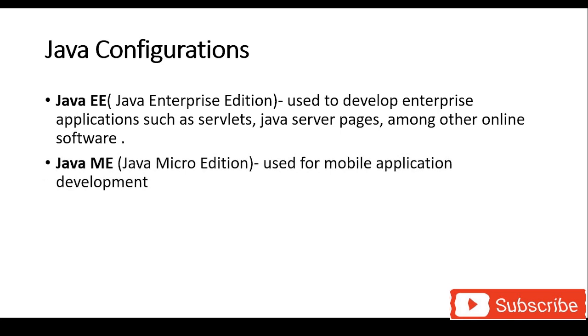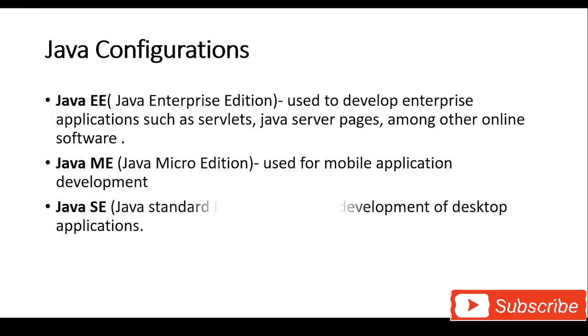Then we have the Java Micro Edition, which is used for developing mobile applications. And this is where Android emanated from. That is why Android developers consider the syntax of Android and even the approach to Android programming to be more or less close to what you do in Java. Then we have Java Standard Edition, which is used for creating desktop applications.